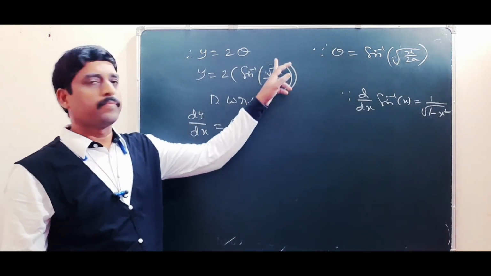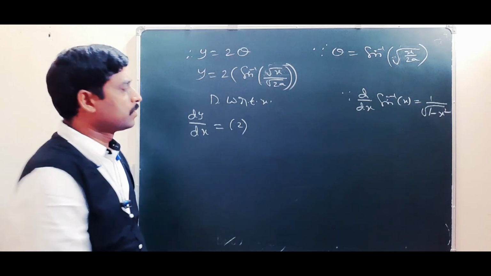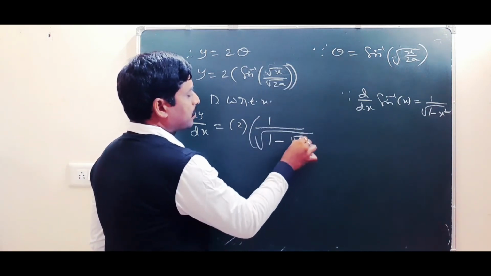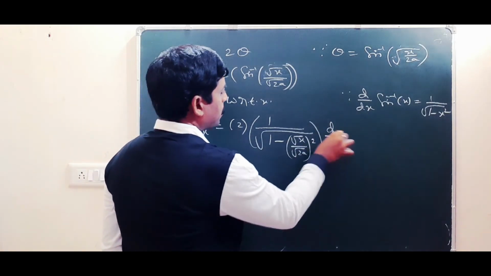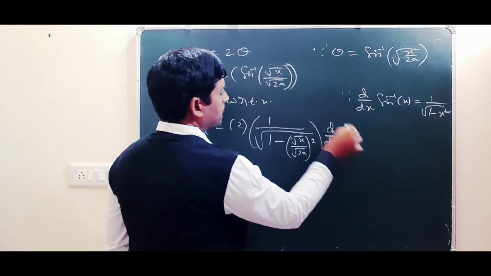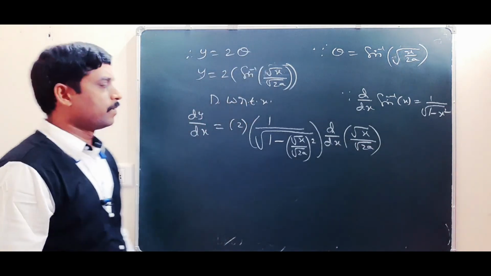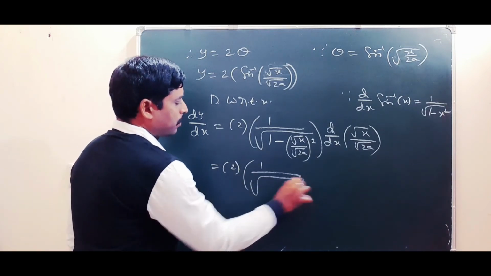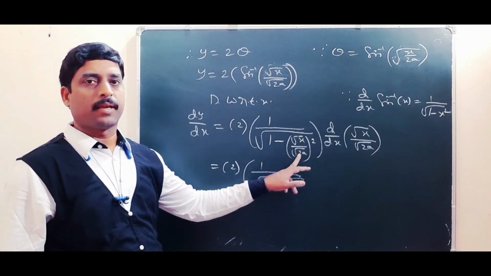Substituting root x by root 2a, we get 1 by root under 1 minus root x by root 2a whole square, into d by dx of root x by root 2a. Root x by root 2a whole square is nothing but x by 2a.